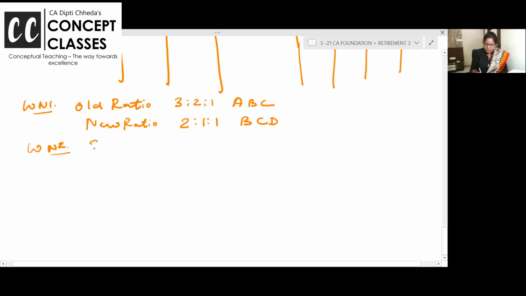Working note 2. Sacrificing ratio. Or 2 lakh goodwill he is getting, no? You can raise and write off the total goodwill also.